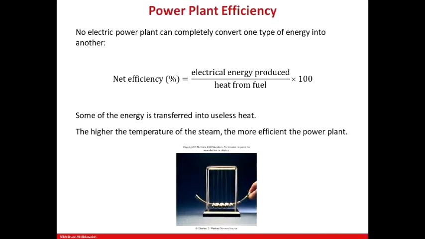So it's the electrical energy produced over the heat from the fuel times 100. Some of the energy is transferred into unused heat. So basically, if this boiler is not well insulated, for example, there's just heat loss to the environment. Some of it just can't boil the water well enough. Heat loss. There's always some losses in the plant. The loss between the turbine and the generator to this point, there are losses all over the plant.